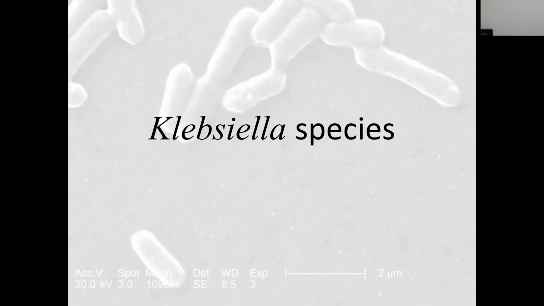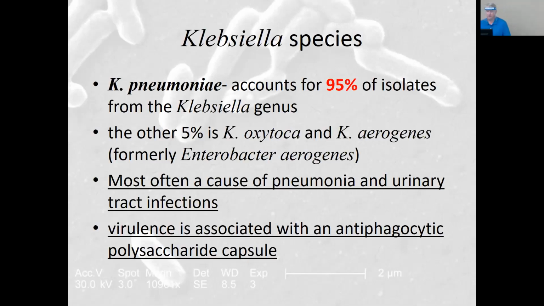So we have that. We don't have O157 downstairs. We just have regular E. coli. And we also have this species, Klebsiella, downstairs, growing for you today. And we actually have Klebsiella pneumoniae, which accounts for 95% of the isolates from the Klebsiella genus.